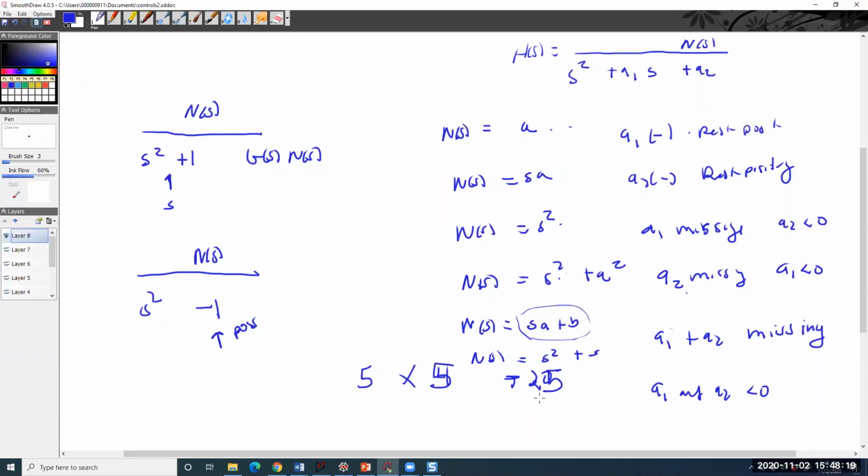Oh, the way I've done it, there's nothing scaling the S squared, so I can't really make that negative.